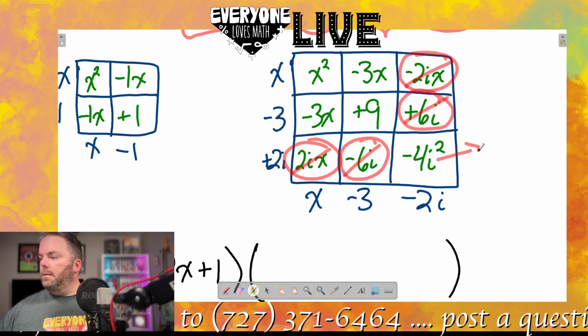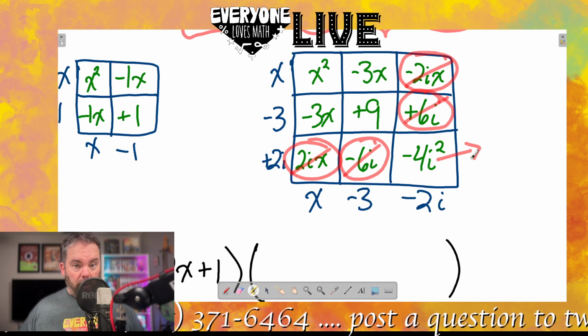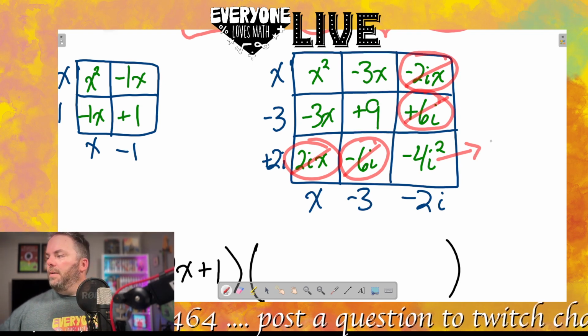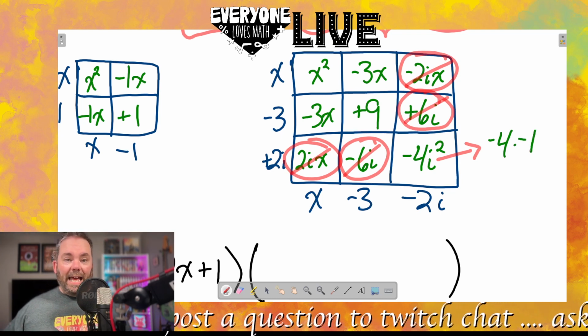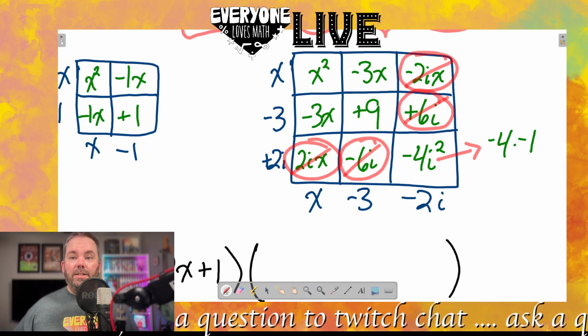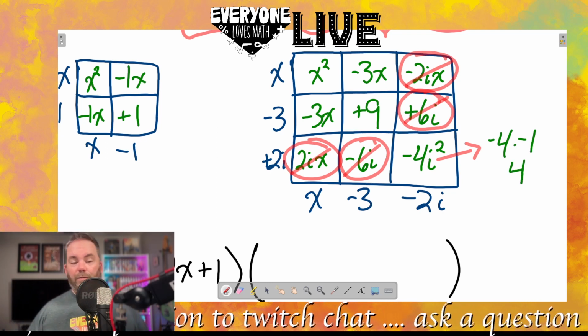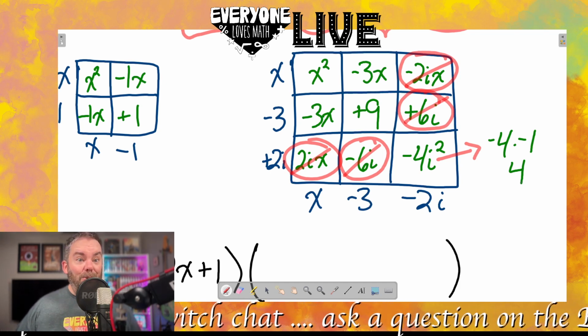But i squared is negative 1. So this is really another way of saying negative 4 times negative 1. So that last box, even though it has an i in it, because it's an i squared, just simplifies to positive 4. It's almost too easy.